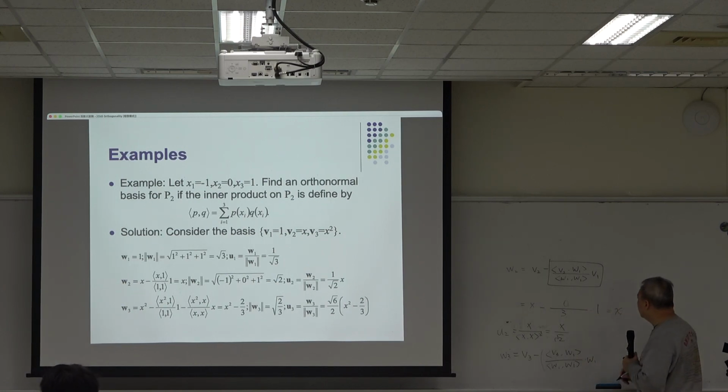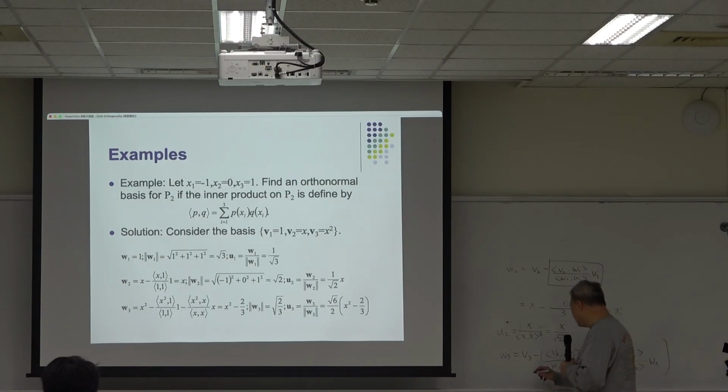Okay, this should be w1. This conceptually makes more sense. So v3 is x squared.